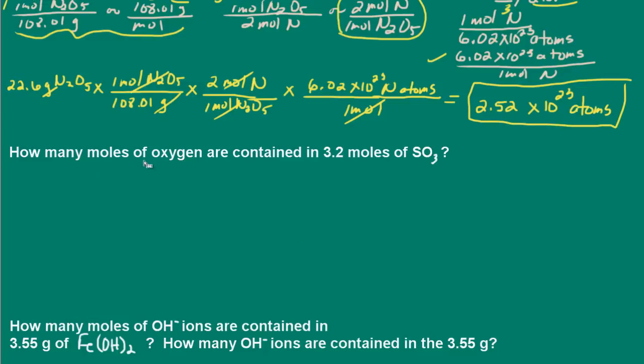Okay, this next problem: how many moles of oxygen are contained in 3.2 moles of sulfur trioxide? So let's go ahead and work this. We have 3.2 moles of sulfur trioxide, so that's our given. And we're being asked how many moles of oxygen, so that's our desired.